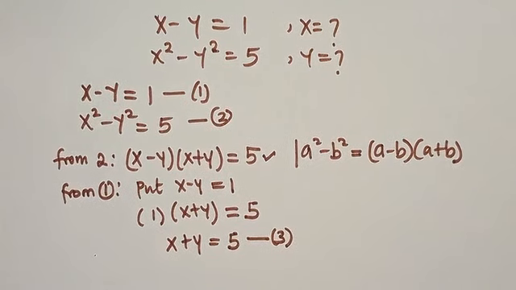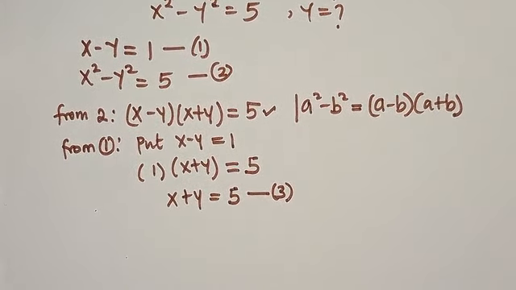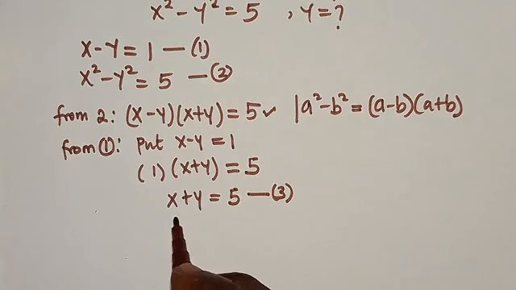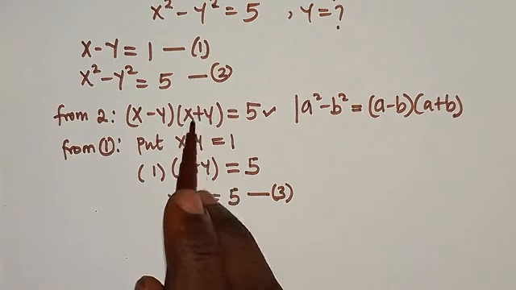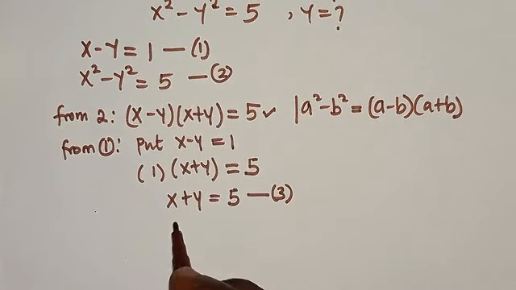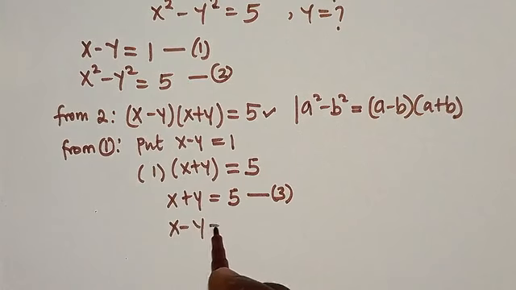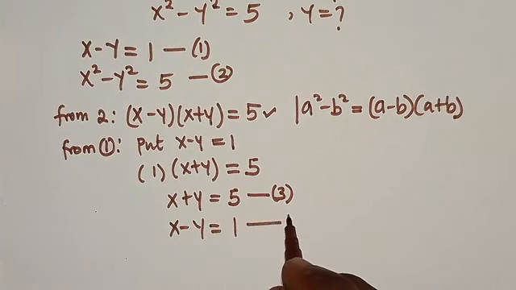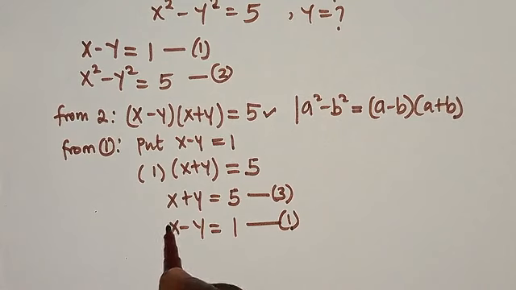So now from there, the next thing we're going to do is bring this one here, x minus y equals 1, which is the equation 1 we have earlier. So now let's try to solve this simultaneously.